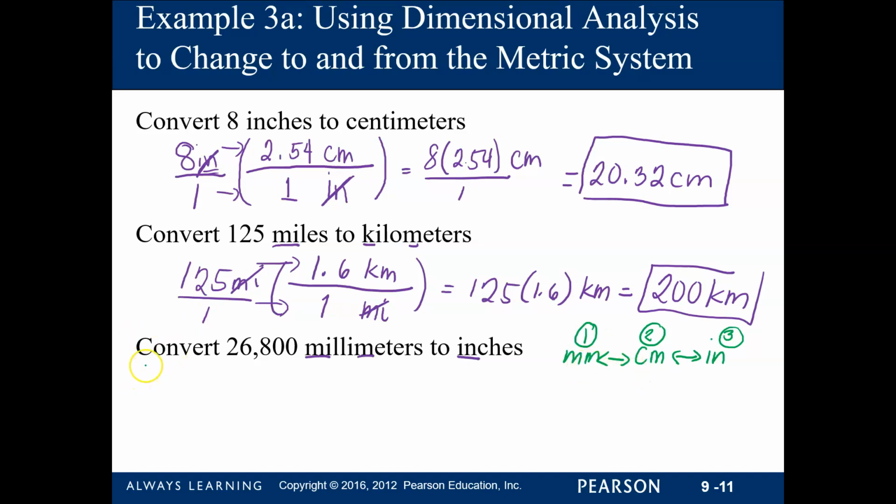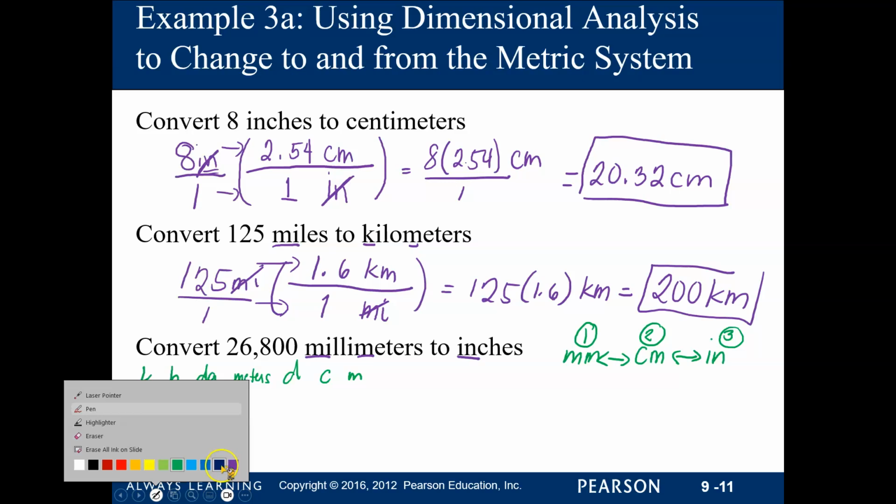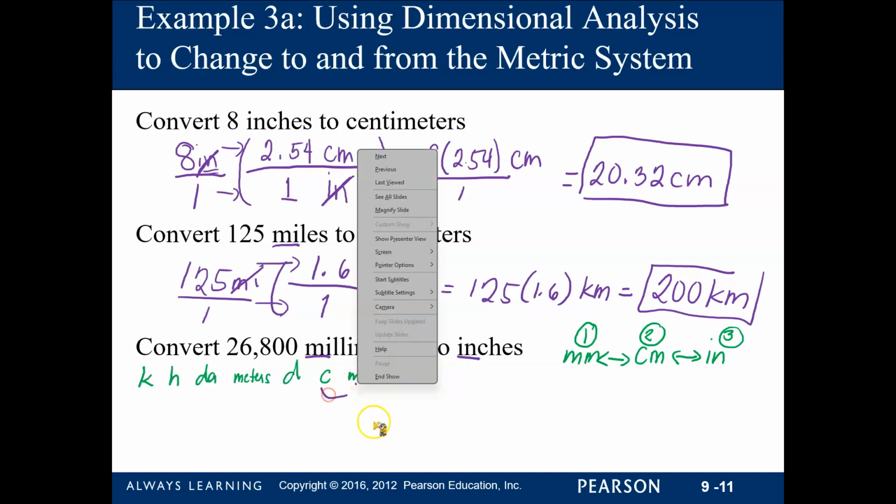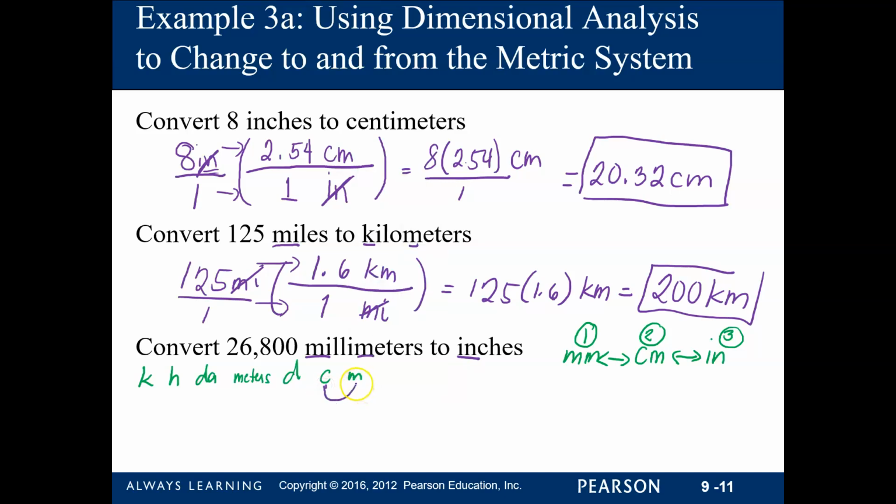We have to use King Henry. King Henry died, we have meters here in the middle, drinking chocolate milk. We are given 26,800 millimeters. We start here, and we have to go to centimeters, and it's going to the left by 1 decimal place.